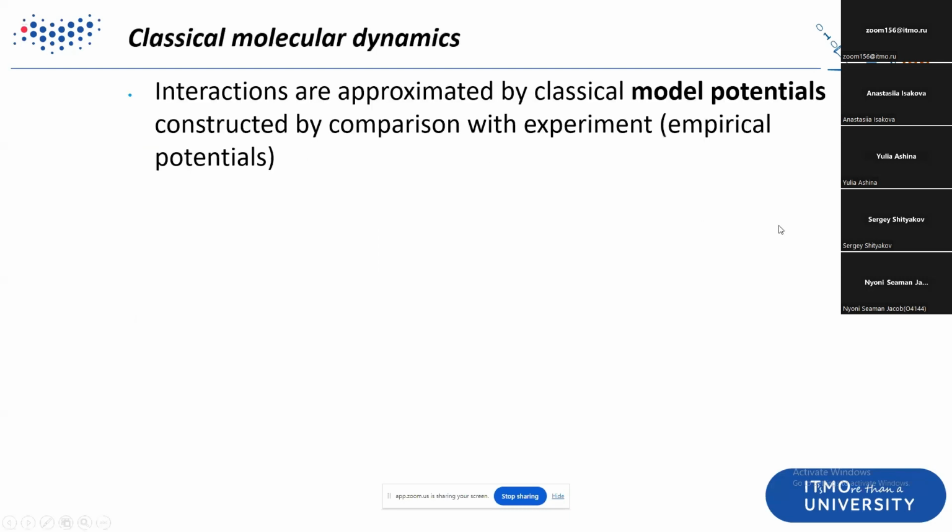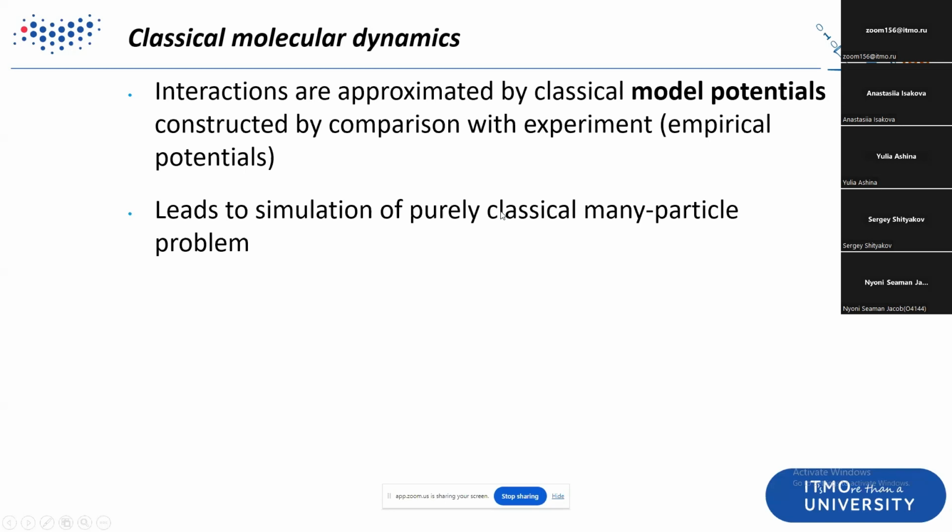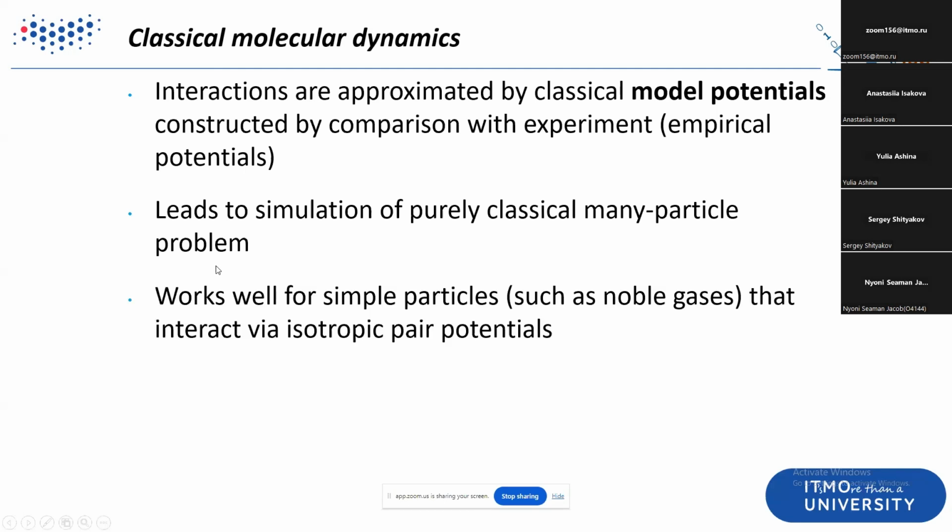The classical molecular dynamics uses interactions which are approximated by classical model potentials constructed by comparison with the experiments. They are called the empirical potentials, and it leads to the simulation of a purely classical many-particle problem.